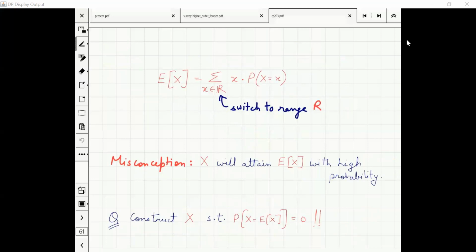For a general random variable capital X, the expectation of X is defined to be the summation over all possible x's, x multiplied by the probability that I can get x. If everything we were getting uniformly at random, this will just be an average.